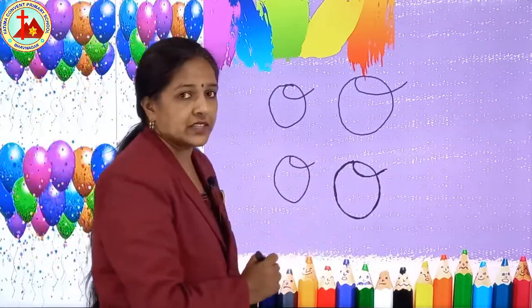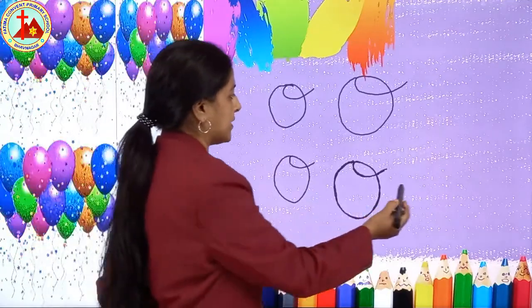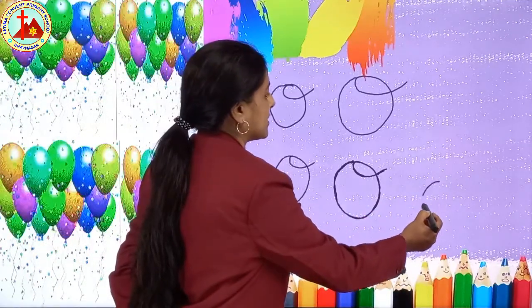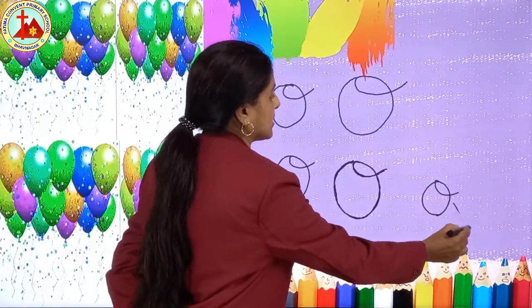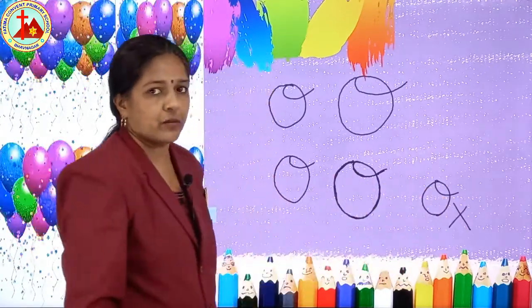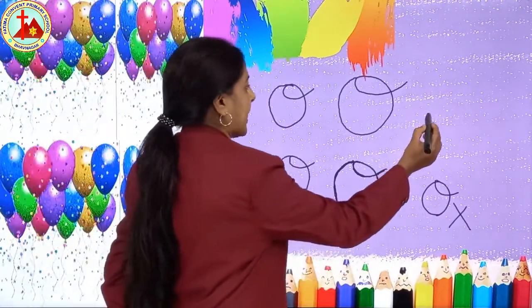And without lifting your hand and pencil, you all have to write. First you do like this, then this. So this is the wrong method.